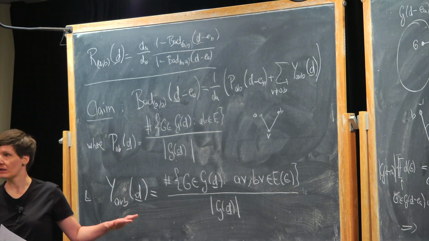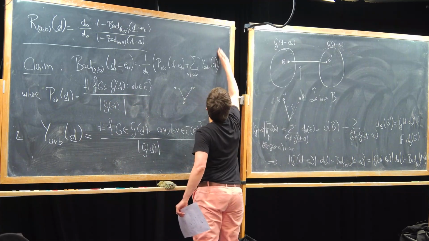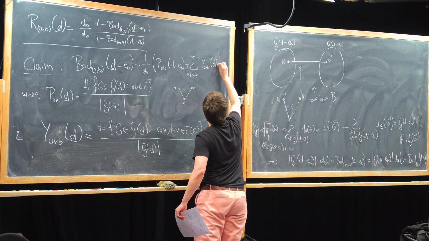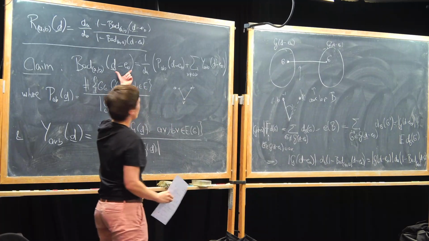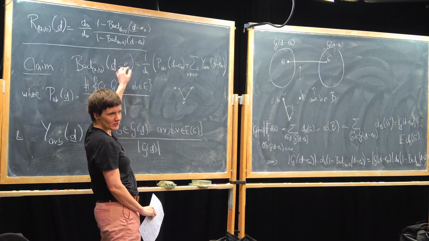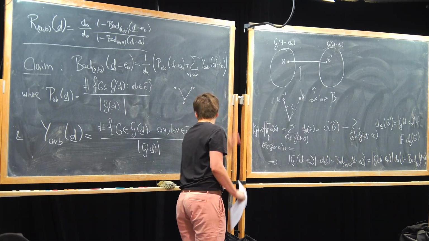Okay? This YAVB should be of D or of D minus EB? Oh, yeah, thank you. Yeah, the same. The argument here is exactly the same here and here.